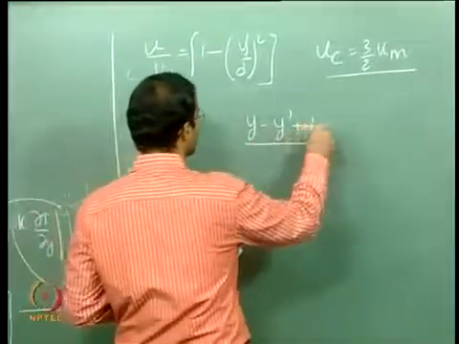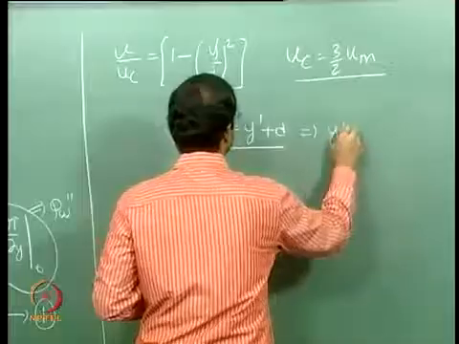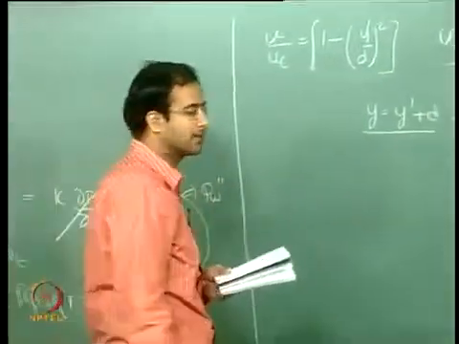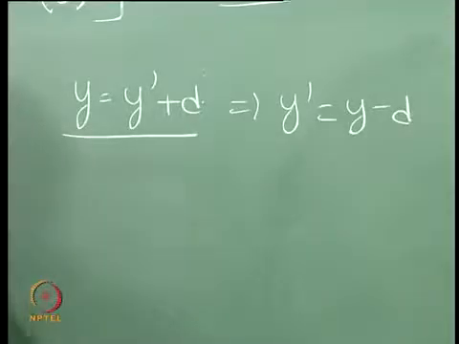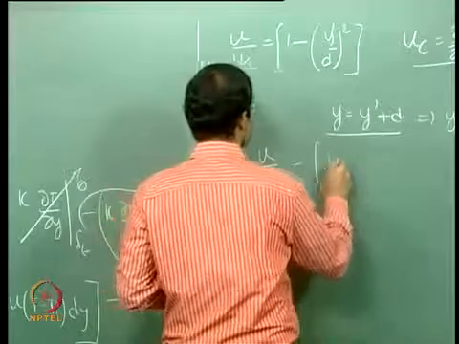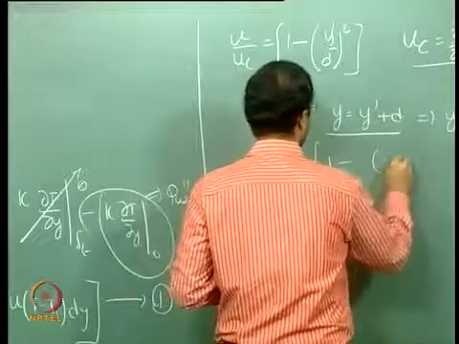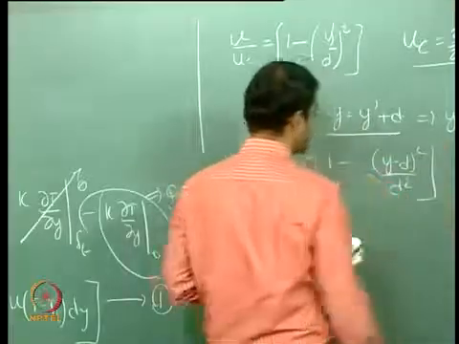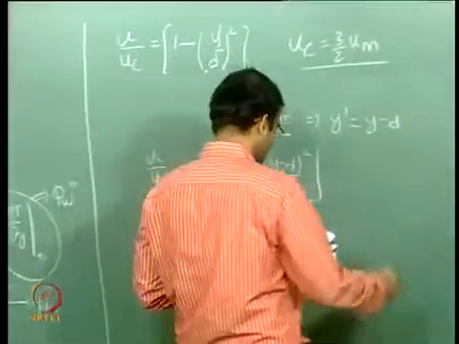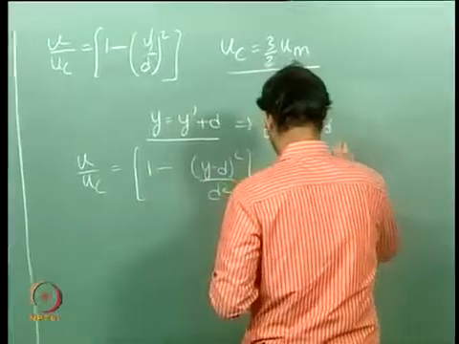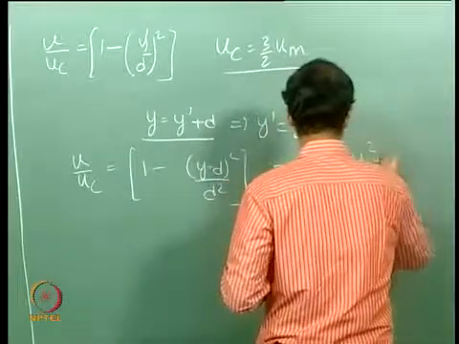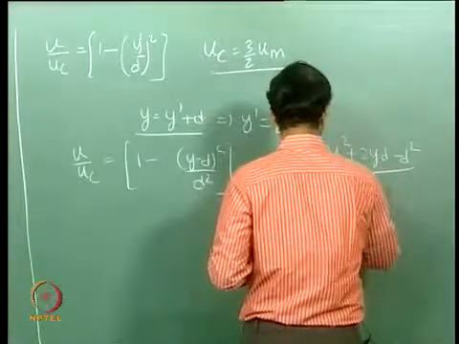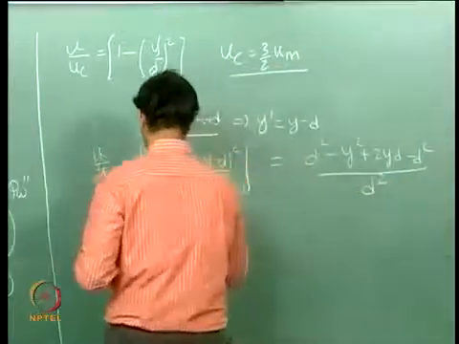So you can substitute for this y prime as y minus d into the profile, correct? So therefore this becomes u by 1 minus y by d the whole square by d square, which if you expand you get d square minus y square plus 2yd minus d square by d square.